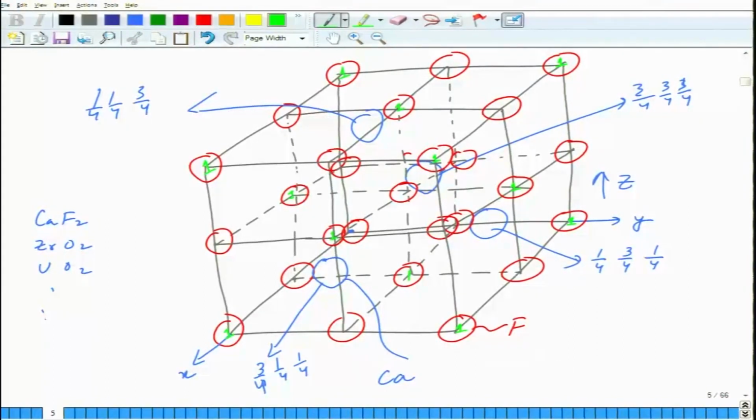Where is the second lattice of fluorine? The second lattice of fluorine is shifted by 1/4, half 0 0 vector, right. So, this was the corner one, so you can figure out yourself, right. This is 1.